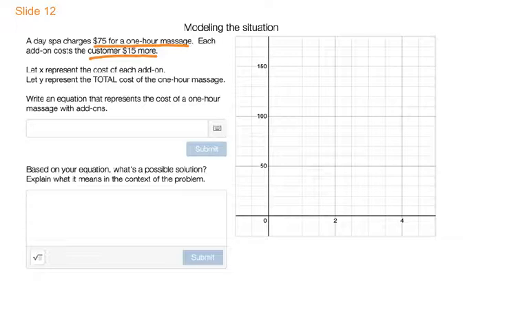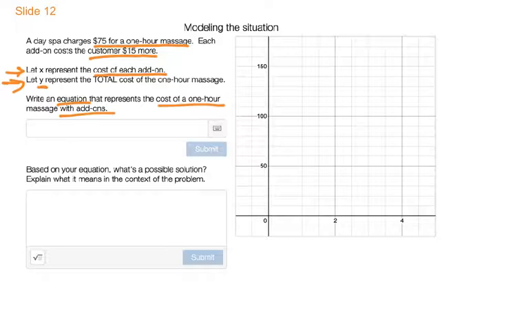They want us to use the variables X and Y. X represents the number of add-ons that I make, and Y is going to be the total cost of the 1-hour massage plus whatever number of add-ons I do. We're supposed to write an equation that represents the cost of a 1-hour massage with X number of add-ons.